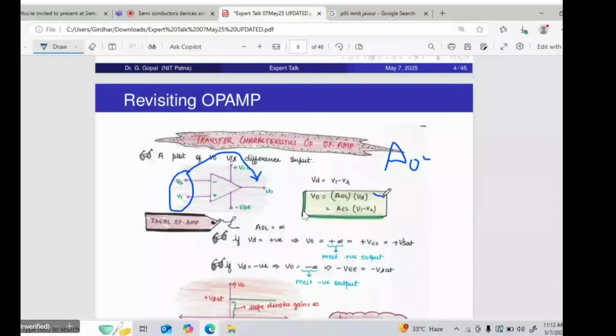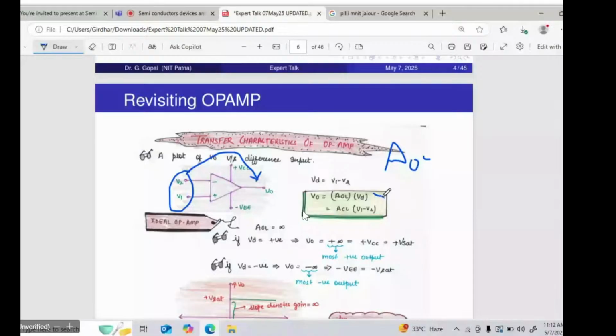So the output voltage of the op-amp is in the range of plus infinite to minus infinite. However, the gain of the op-amp is quite high, but the output voltage never exceeds the saturation voltages plus VCC and minus VEE. Practically, the op-amp gain is in the range of 10 to the power 6. So the output voltage is either plus V set or minus V set, meaning plus VCC and minus VCC.